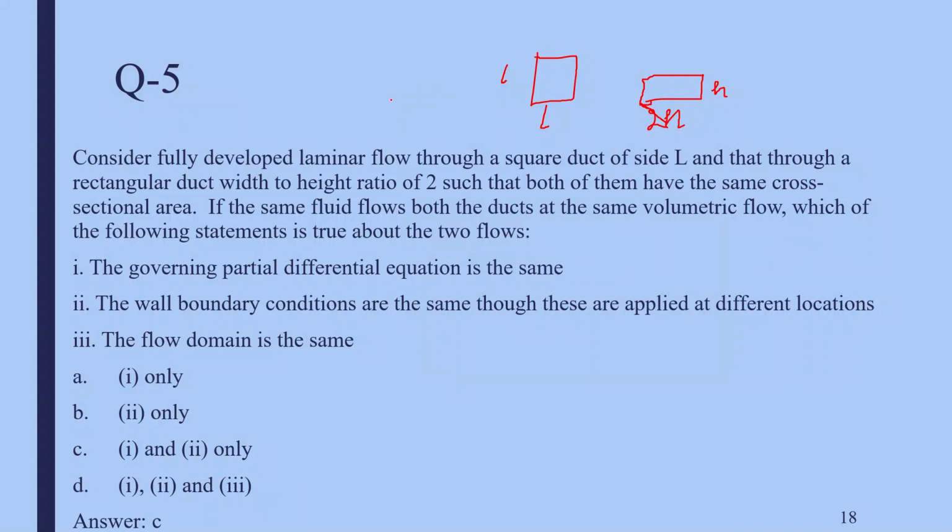So the same fluid with the same volumetric flow rate is flowing in both the ducts. So which of the following statements is true?